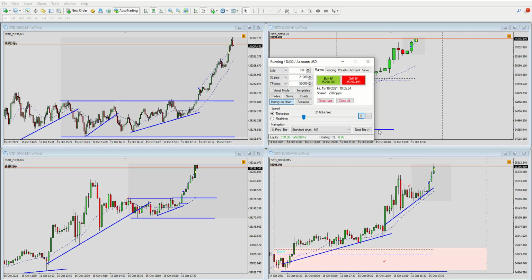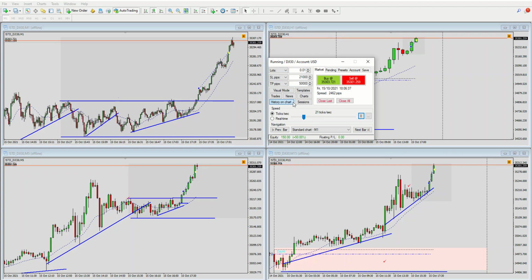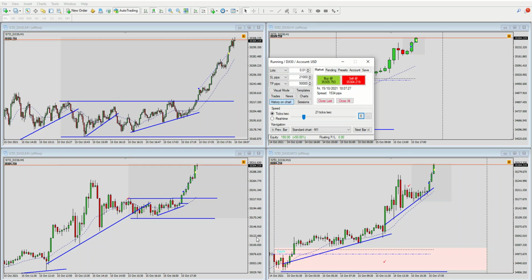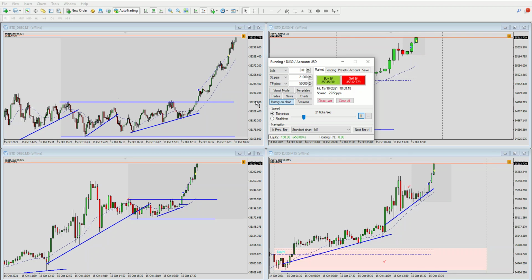And some people will think, oh no, this is not real. Here, this is MT4. I always take my trades on MT5. That's why you will see that on all my screenshots, I use MT5. I trade on MT5, not on MT4.